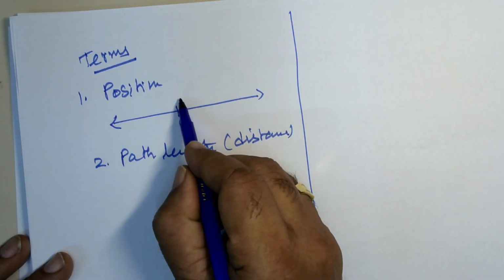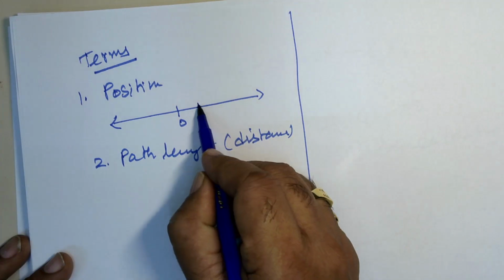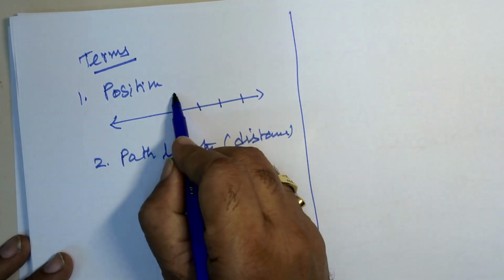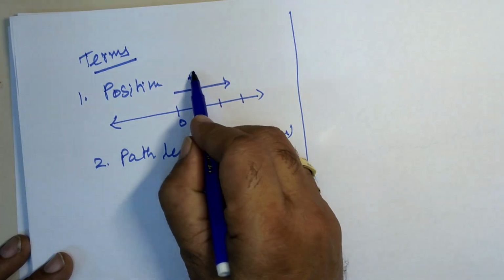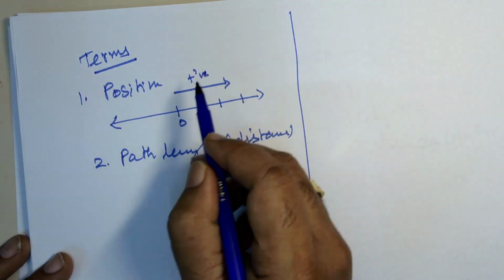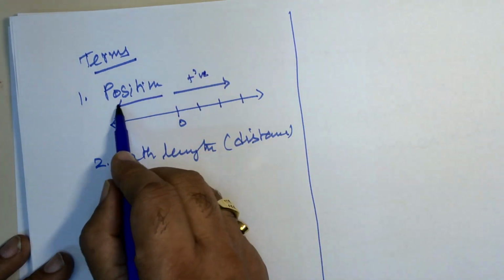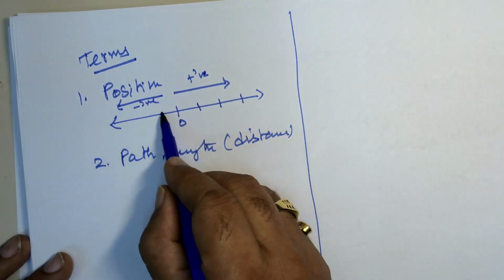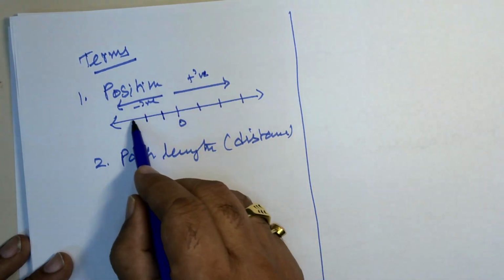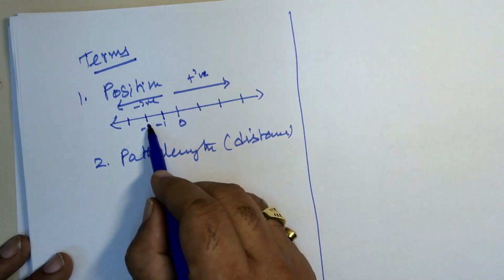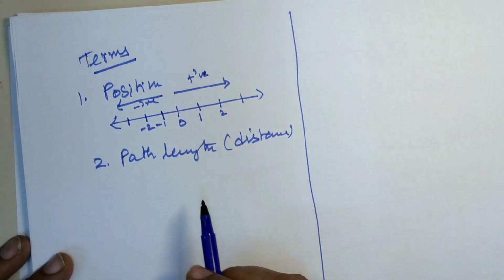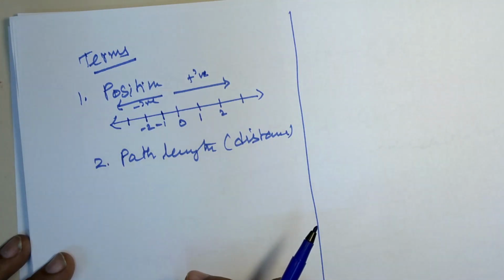From the origin, you've got 1, 2, 3 in the positive direction, and this is the negative direction. So here we have -1, -2, -3, right? And this is +1, +2, etc. Okay.